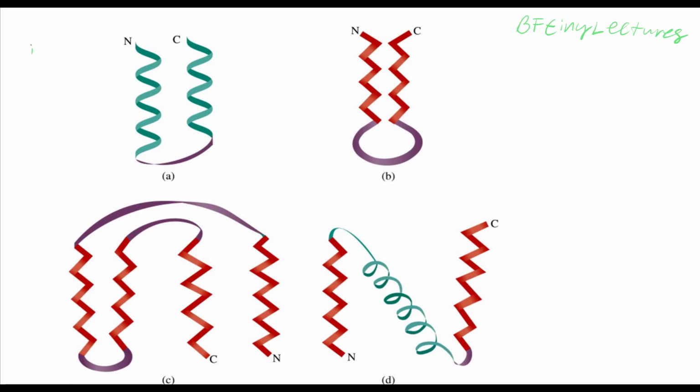So we have alpha helix for the first part. Over here, we're going to have another portion that's a turn. So we're going to put alpha, and then we're going to put a T for turn, okay? And then we have another alpha helix. So that's an alpha helix, turn, alpha helix motif.